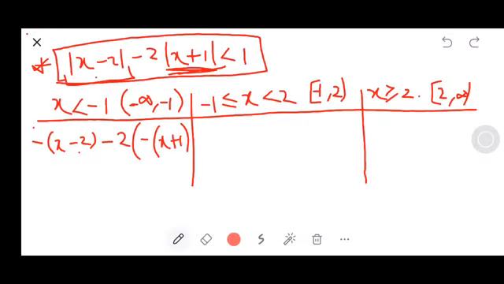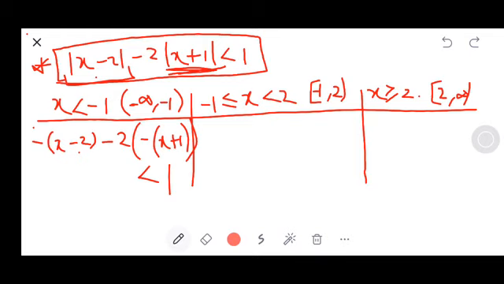Okay, so we have seen that x minus 2 is negative, and x plus 1 is also negative, when x is less than minus 1. So we just finish that line up. And for the second column now, we are in a column where x is greater than or equal to minus 1, but x is still less than 2.